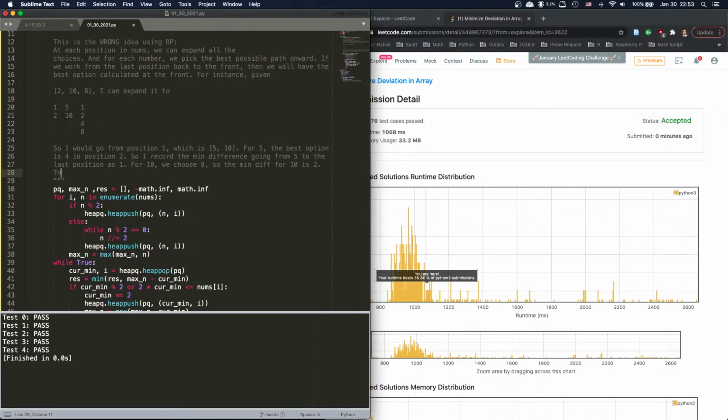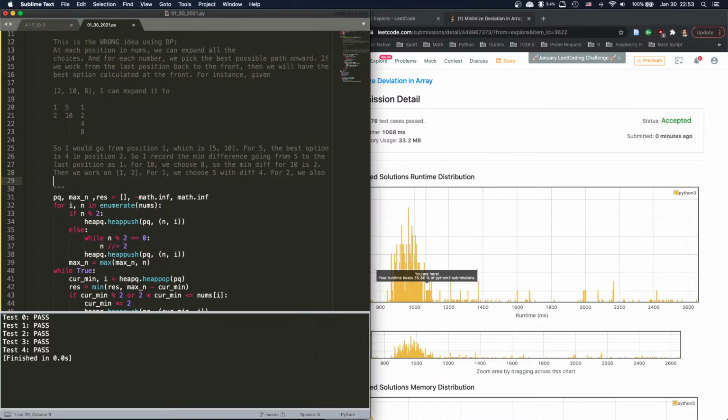Then we work on 1, 2. For 1, we choose 5 and it gives 4. For 2, we also choose 5 with a give of 3.